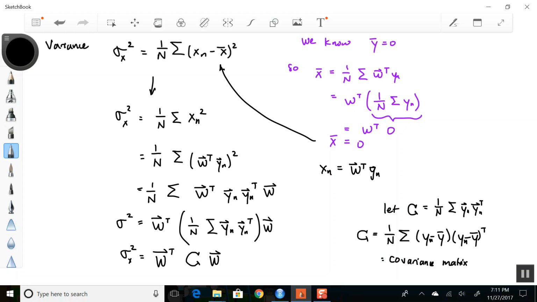Well, this can be done via a Lagrangian, adding a Lagrangian term. Don't worry about this, but all to say is that it turns out we can do this by using an eigenvector, but I'll show you the intermediate steps so it doesn't seem like this came out of nowhere.